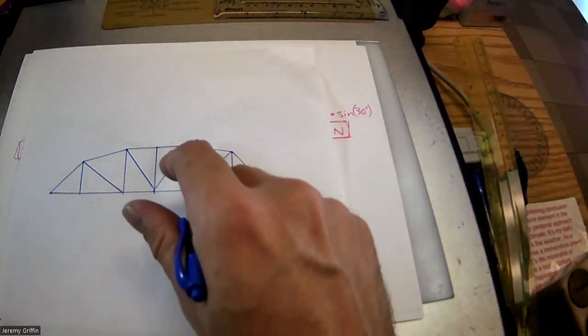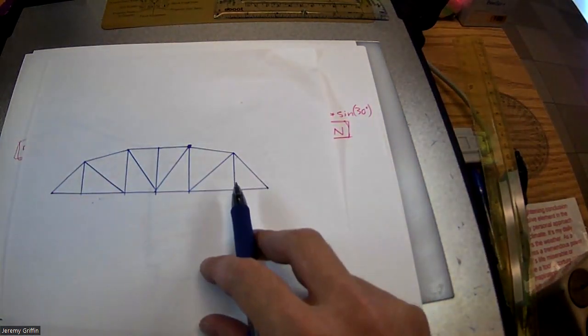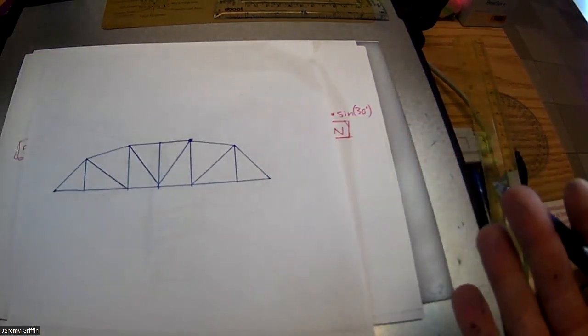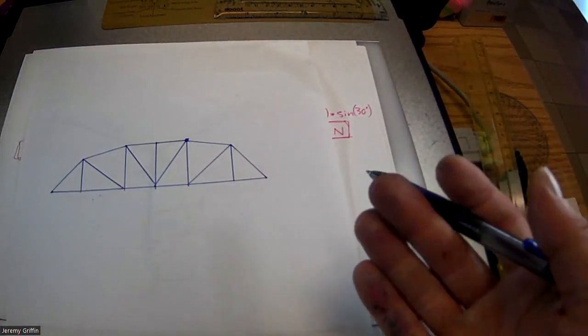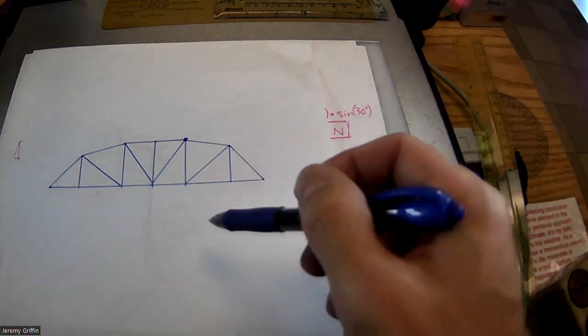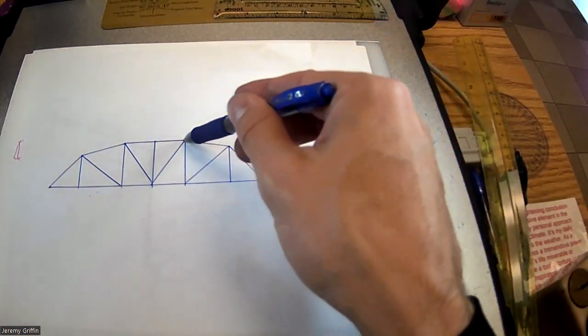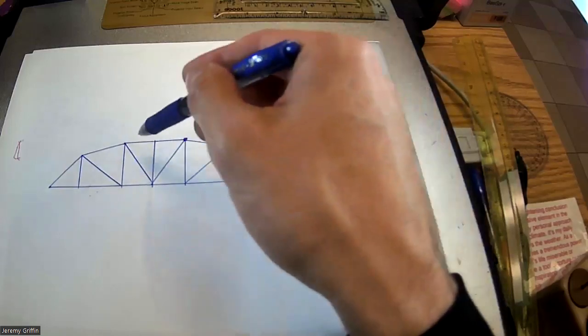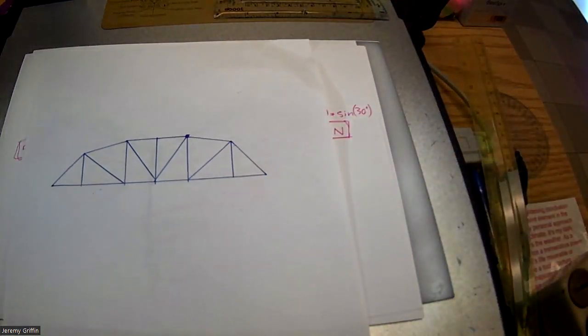Do you think that every single point on this bridge has to be in equilibrium, just like those monkeys? Because the bridge isn't moving. I hope not, right? A bridge is supposed to stay stable. There's an entire college class called statics, where you sit there and analyze the bridge like this. How about this point? All the forces better sum to 0, just like those bananas. Some may be tension, some compression.